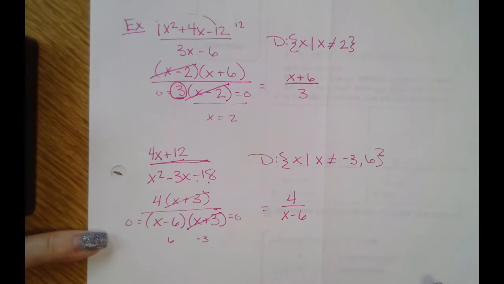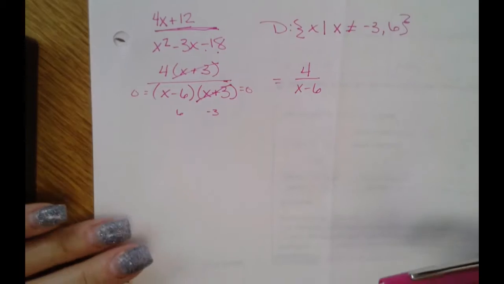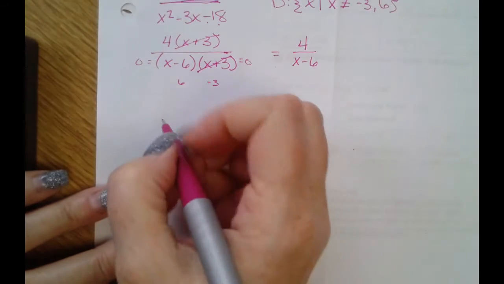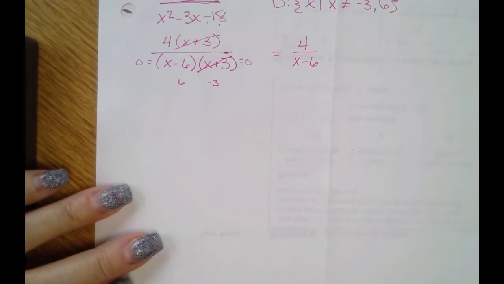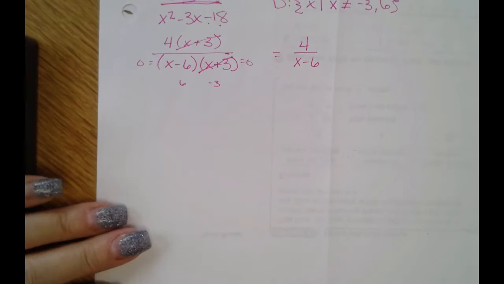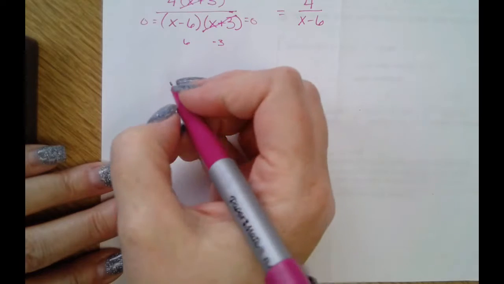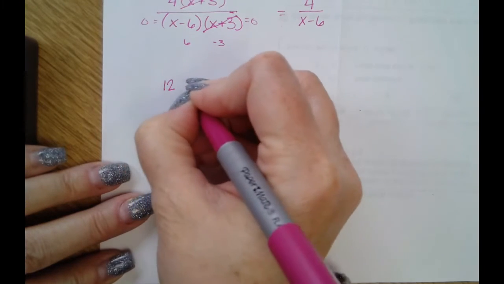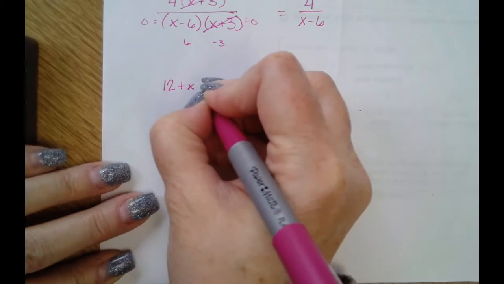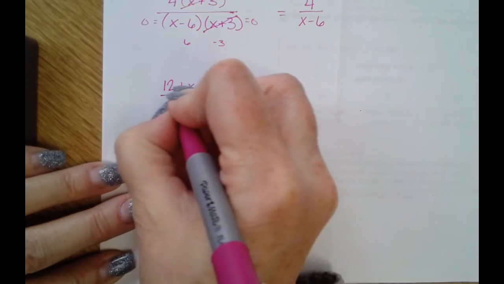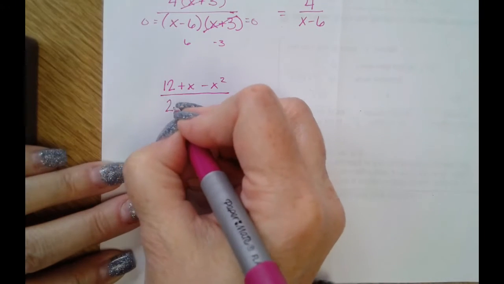So I have 12 plus x minus x squared over 2x squared minus 9x plus 4. The first thing you probably want to do is reorder that numerator because we don't like how it looks. So I have negative x squared plus x plus 12.